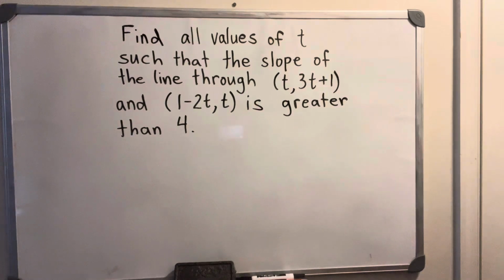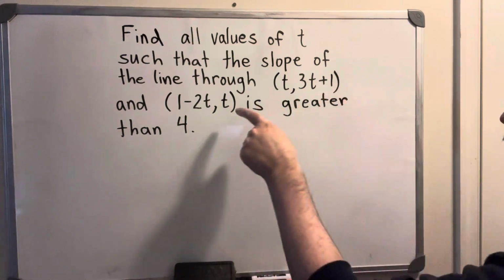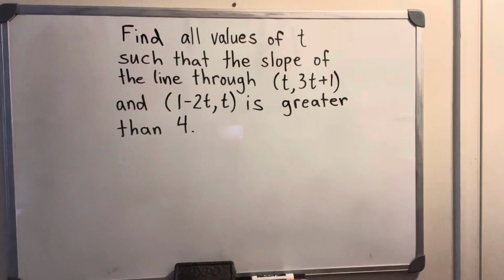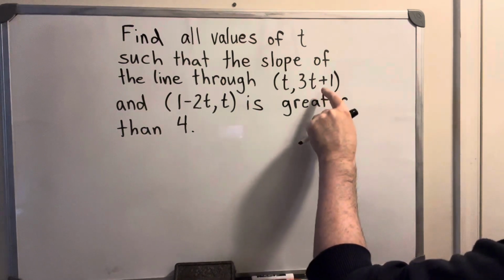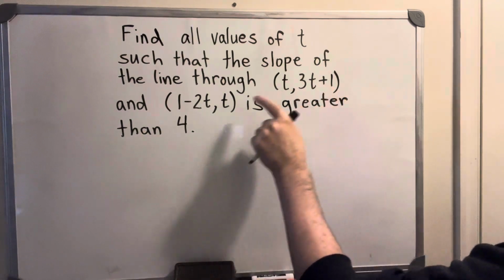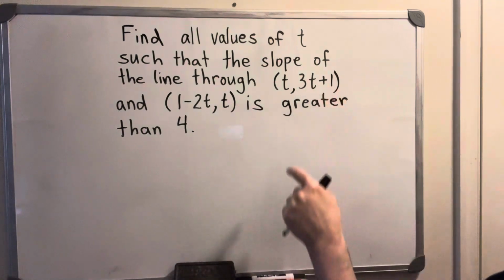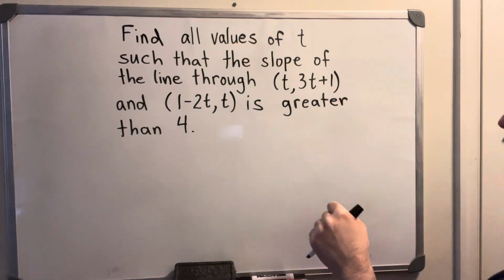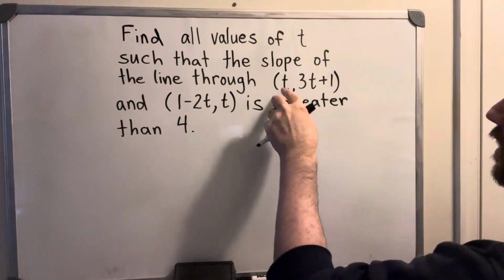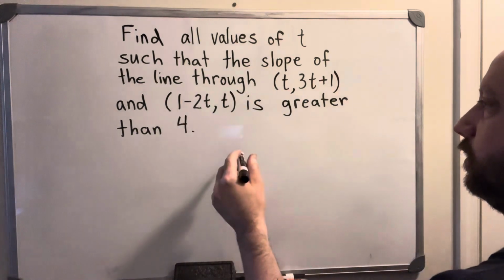So we're talking about a slope, and we've got 2 points. You remember the slope formula? It's the difference between the second numbers over the difference of the first numbers.